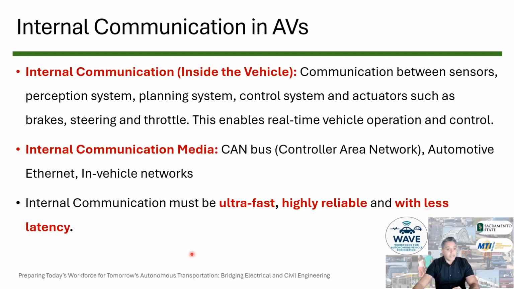and with less latency. Wireless communication has higher latency than wired communication. Some technologies for that are CAN bus, which is controller area network, automotive Ethernet, and in-vehicle networks. These are what we have as the internal communication media for AVs.